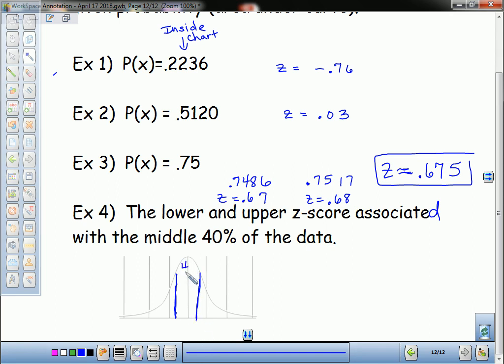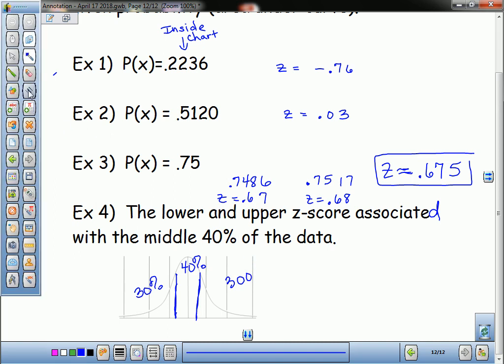Okay, so if this is 40% of our data, how much is outside of here? 60. So how much is at this end? 30. And how much is at this end? 30. Whoops, that's 300. I was going to do a percent. It got really big. All right, so this right here would be 0.30.